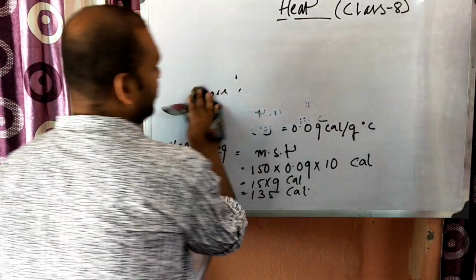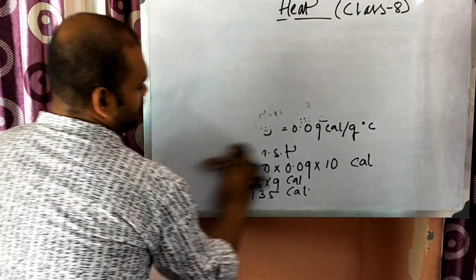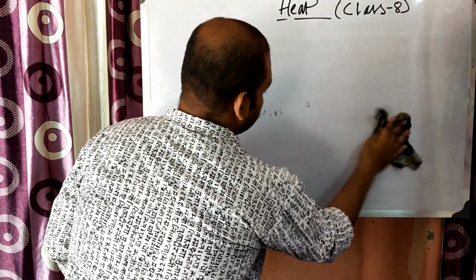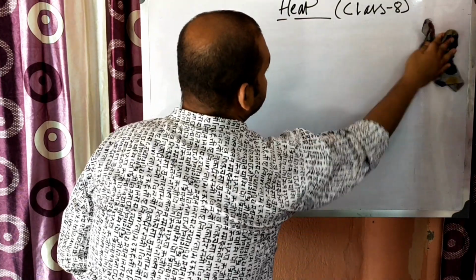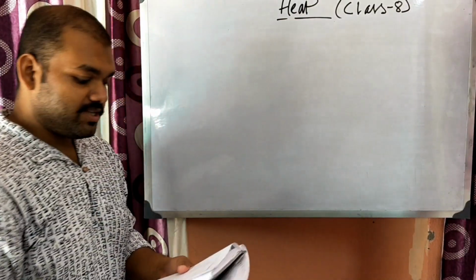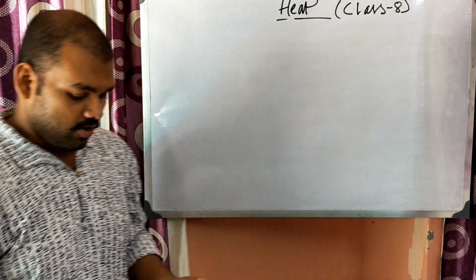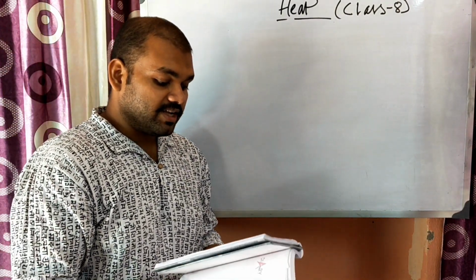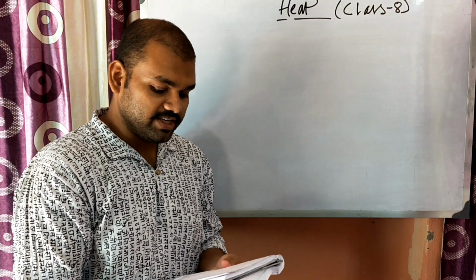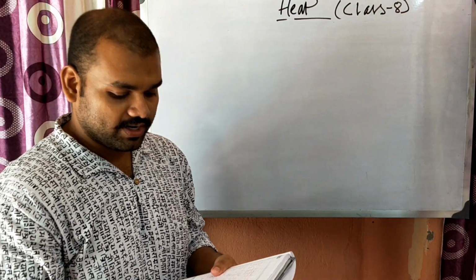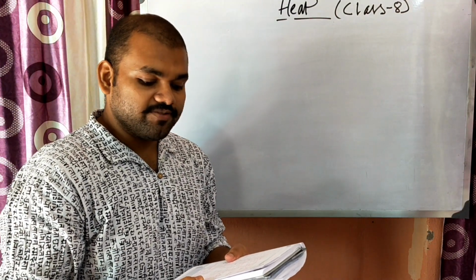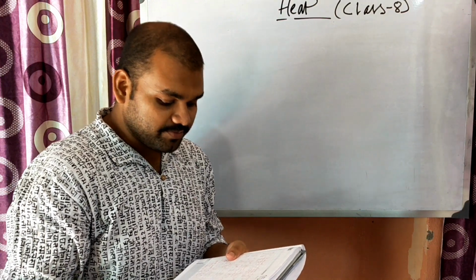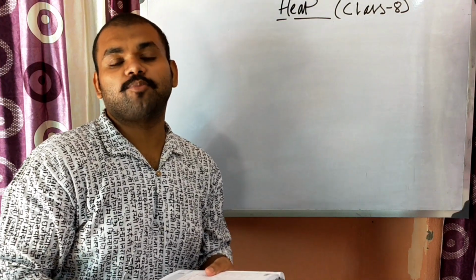I'm not going to write the sum now. Listen carefully. Find the heat required to increase the temperature of pure water at 25 degrees, of mass 50 gram, to its boiling point.